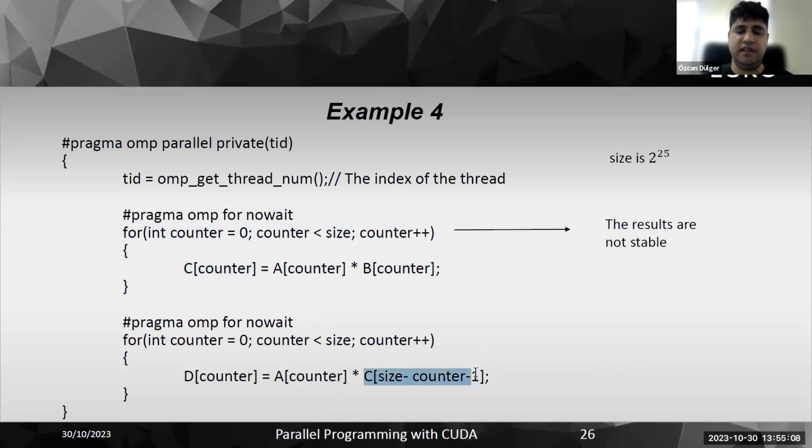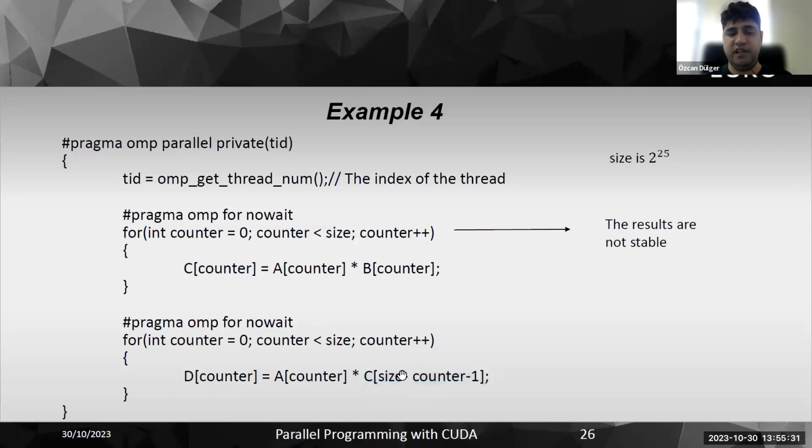What I mean is, when a thread accesses this array, the other thread that executes the same index of the C array may not have executed yet. So we cannot access the latest value of C.